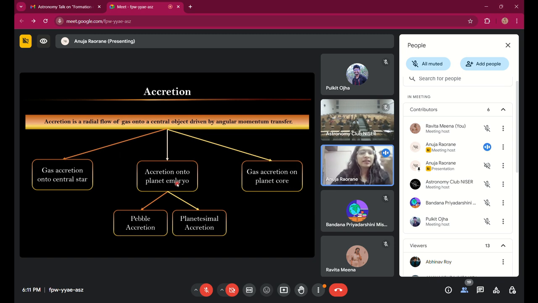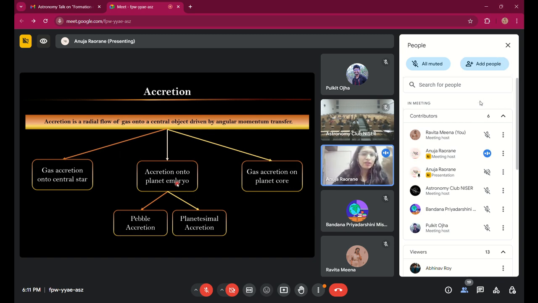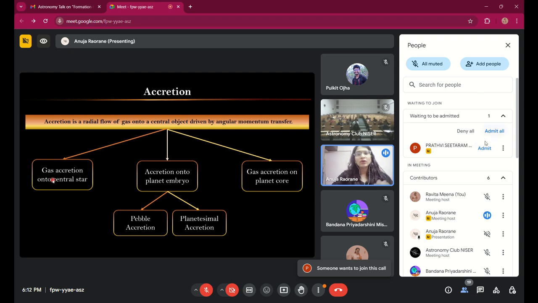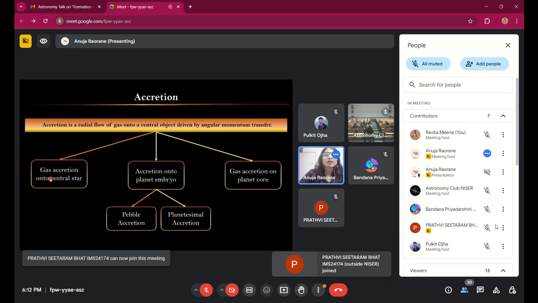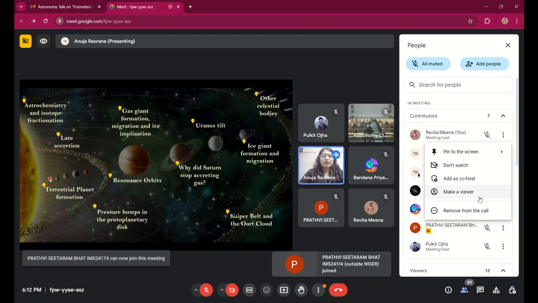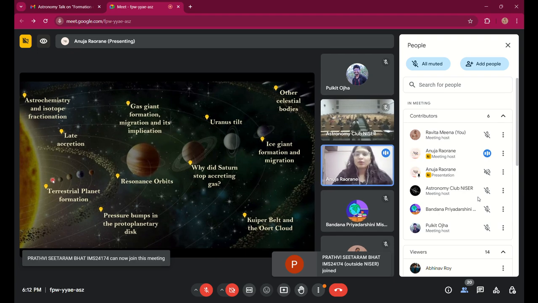Embryos are basically slightly bigger objects that later form planets, and that's what we call an embryo. And at the same time, there's also gas accretion or material accretion that is going on onto the central star. So when we are making these models, we have to take into account all these accretion processes.